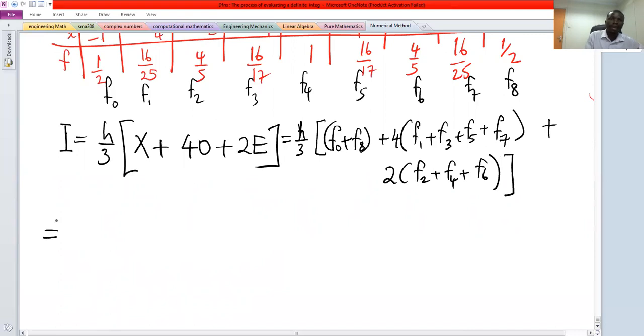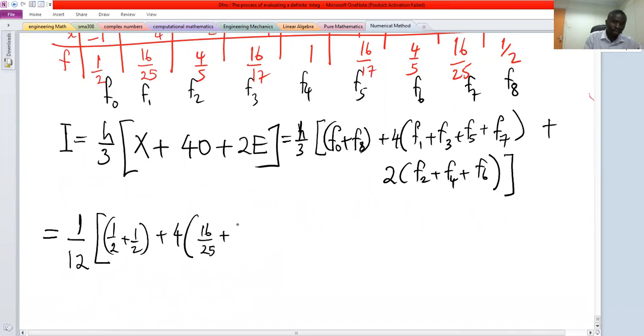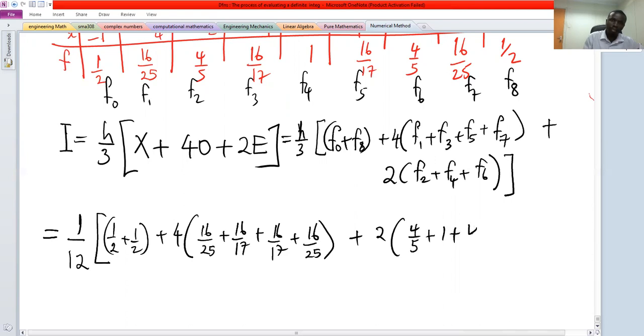So h in this case is 1 over 4. When you divide by 3, you get 1 over 12 into a half plus a half plus 4 into 16 over 25 plus 16 over 17 plus 16 over 17 plus 16 over 25 plus 2 into 4 over 5 plus 1 plus 4 over 5.